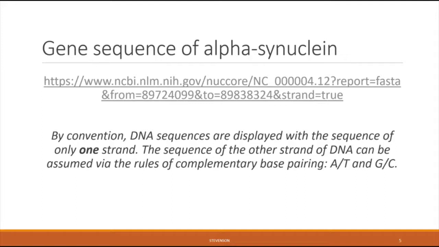And this database is going to show us a series of letters which represent one of the DNA strands that is involved in this gene. DNA, of course, is a double-stranded molecule, but this database only shows you one strand for convenience sake because knowing the rules of complementary base pairing, you can just assume what the sequence of the second strand is without having it actually there. So we're going to look at this one strand of this gene.